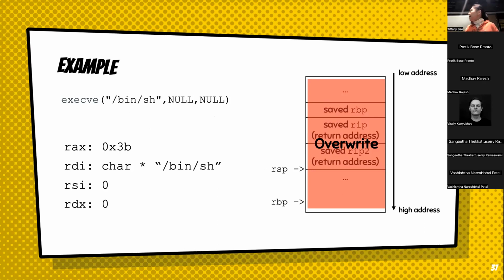In order to achieve this, we need to make RAX equal to hex 3b. This is part of the system call, because the system call comes with a code. All operating systems have system calls, but system calls have a specific code associated with them to specify which type of system call you're calling.